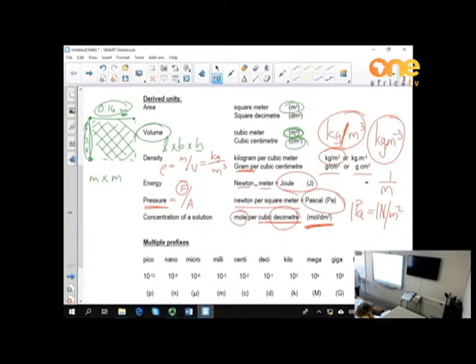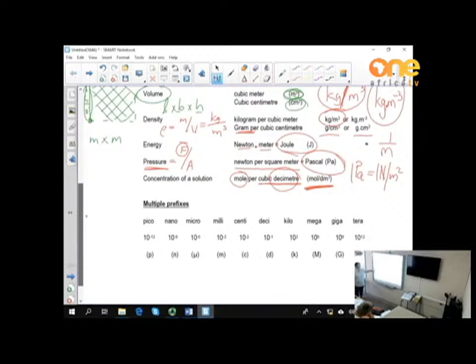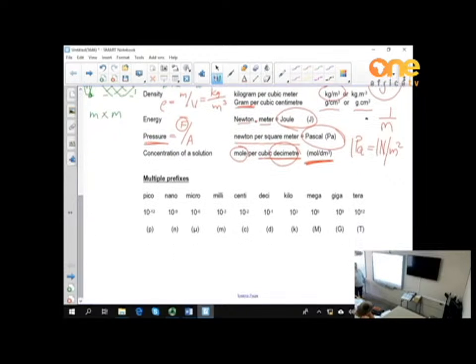Then, the next important thing that you must know of is the prefixes that we work with. If I talk about a kilogram, what does it tell you? A kilogram or a kilometer? I've got 1,000 meters or 1,000 grams.